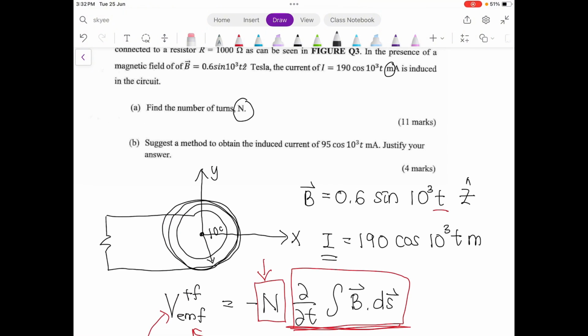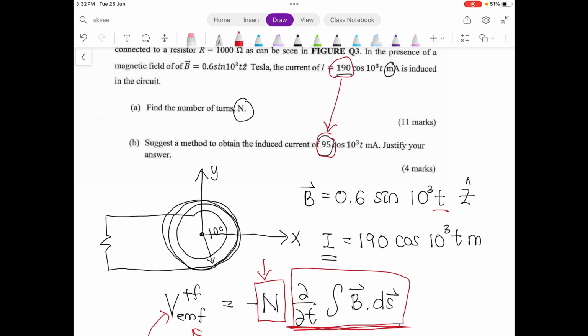Suggest a method to obtain the induced current of 95. Just now we have 190, and now it becomes 95. How to get this 95? What can we do to make this become 95?